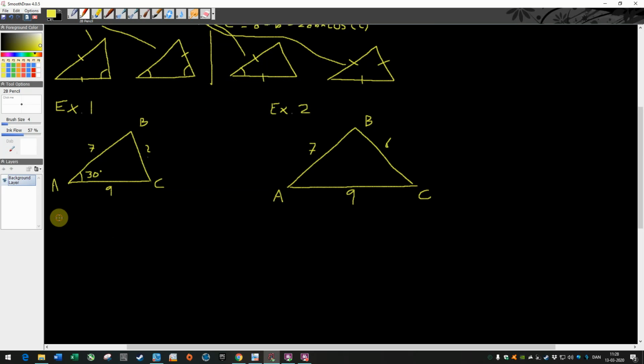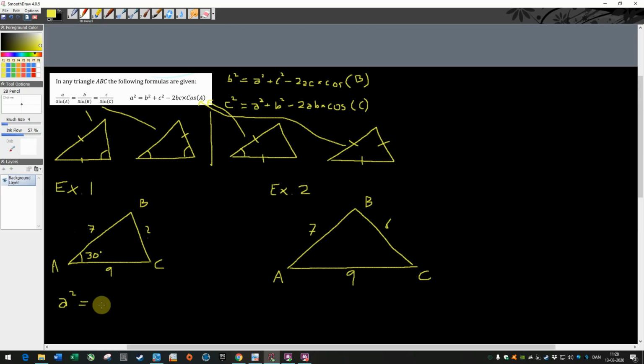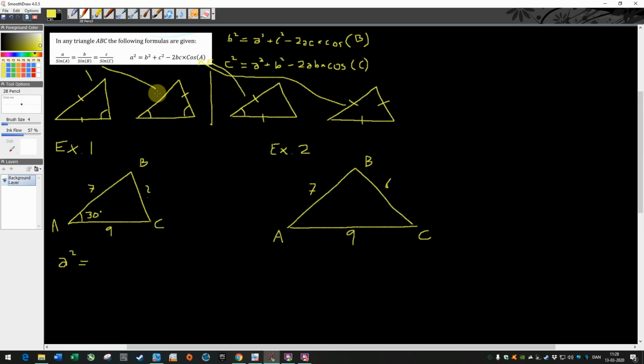So a squared. You should of course write the formula first. Since it's up here, I do not want to waste time on writing it again. I'll just insert the values.